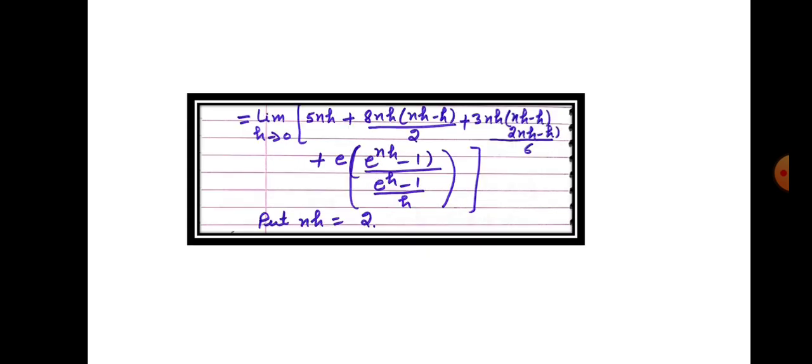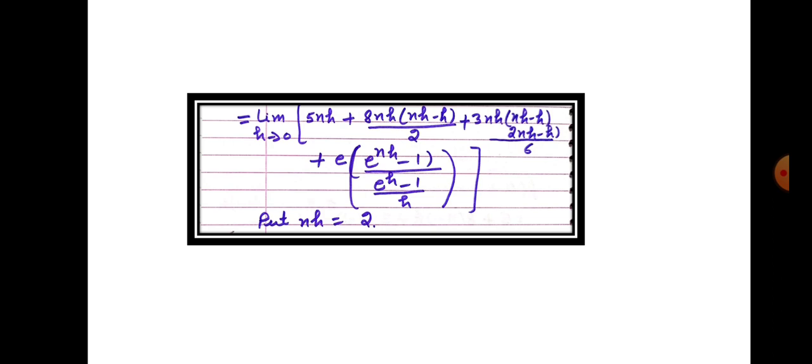So limit h approaches 0, taking h within the bracket: 5nh plus 8nh into nh minus h whole divided by 2 plus 3nh into nh minus h into 2nh minus h whole divided by 6 plus e into e raised to power nh minus 1 whole divided by e raised to power h minus 1 whole divided by h. So here the multiplication of h comes out to be in the denominator of the denominator.